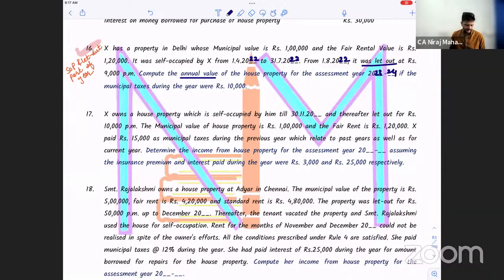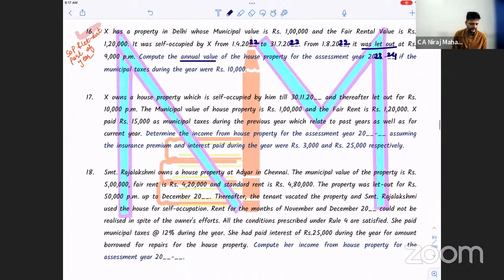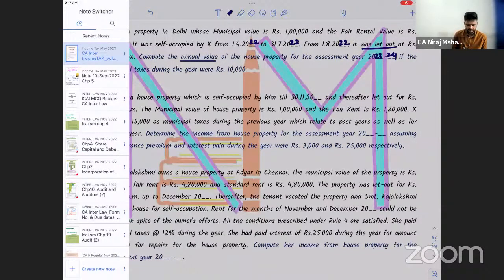Compute entirely, obviously. Annual value means we'll directly take this also income from house property. Okay, ready? Chalo. Computation of.